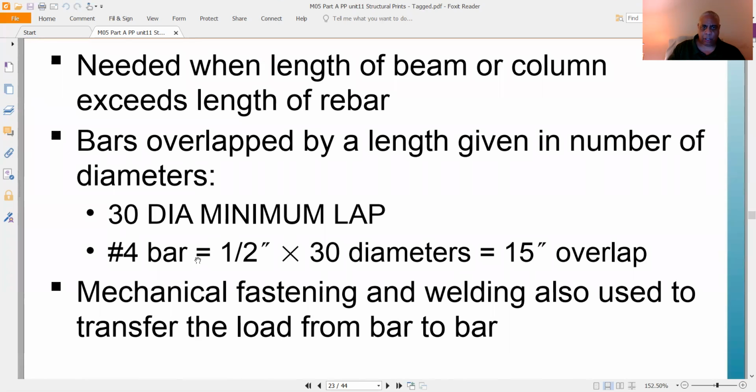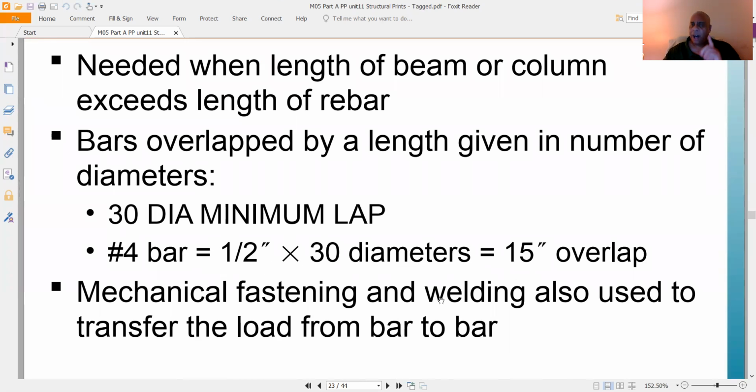A number 4 bar equals 1/2 by 30 diameters, which equals a 15-inch overlap. Now, how did they get 15?